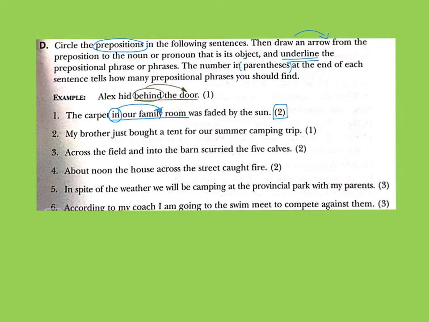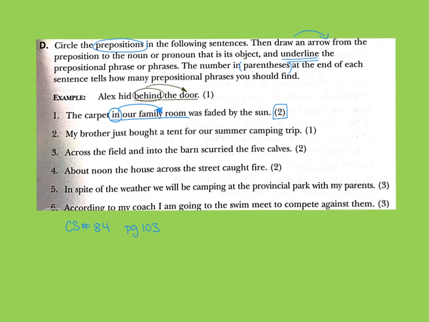So you would have an arrow going to the family room. Then you would need to find the second preposition and find the corresponding phrase and draw the arrow to the pronoun or proper noun that is the object. For a review on prepositional phrases, you could look at assignment number 84, which is on page 103 and the corresponding video lesson.